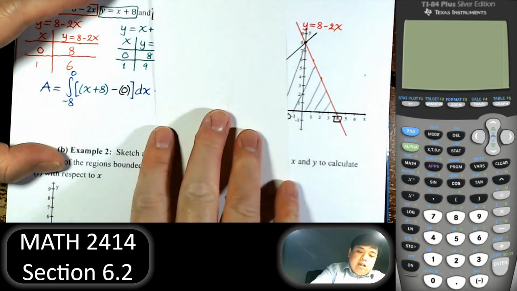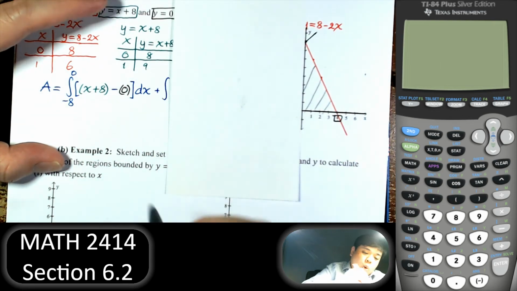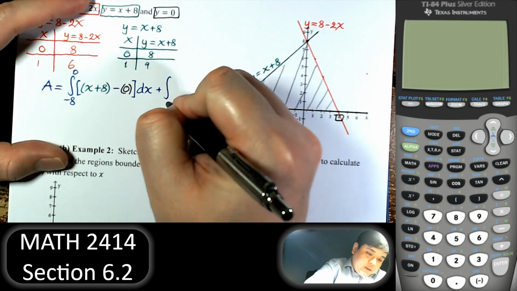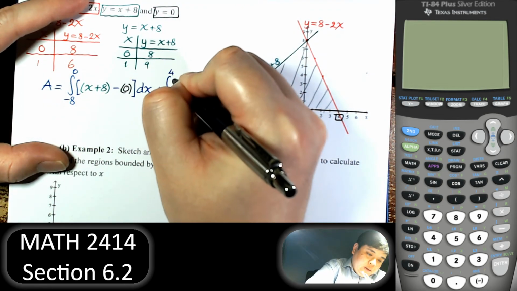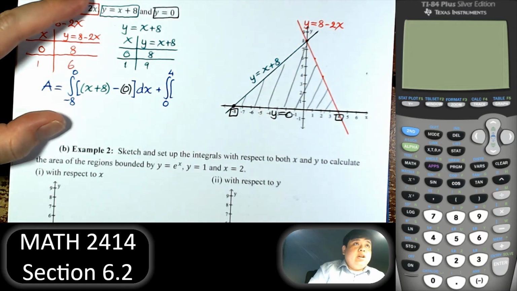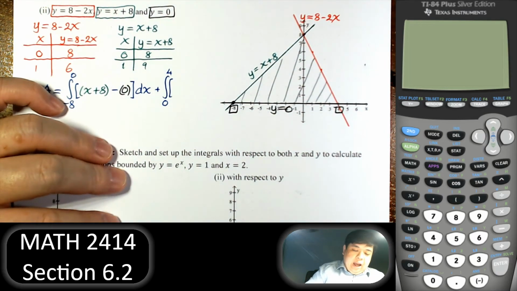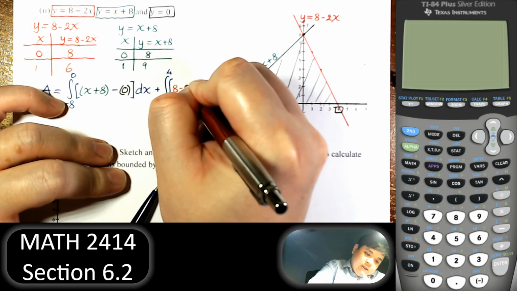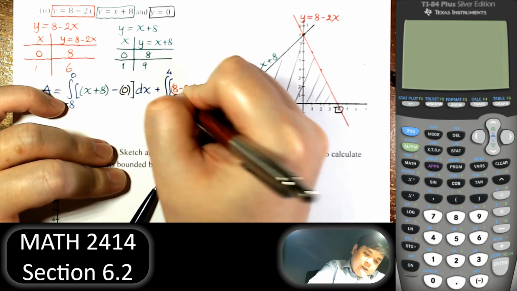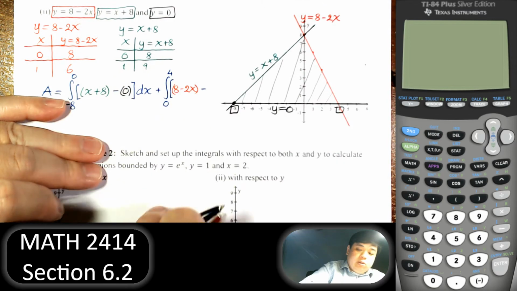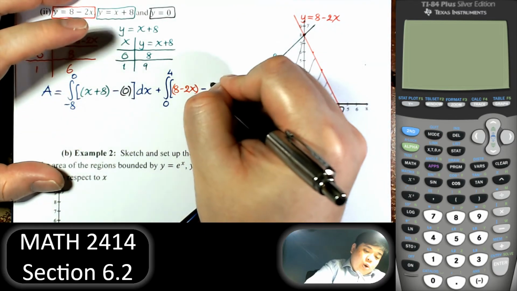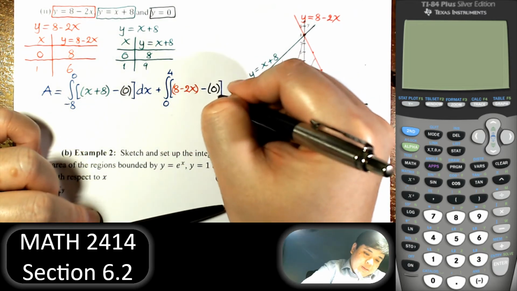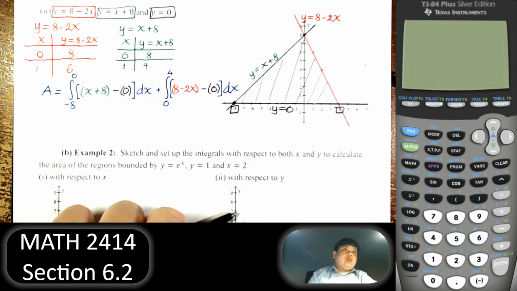And then plus the integral from 0 to 4. The function that is above, 8 minus 2x. Subtract the function below, the x-axis, y equal to 0. So if we use dx, that's what we do.